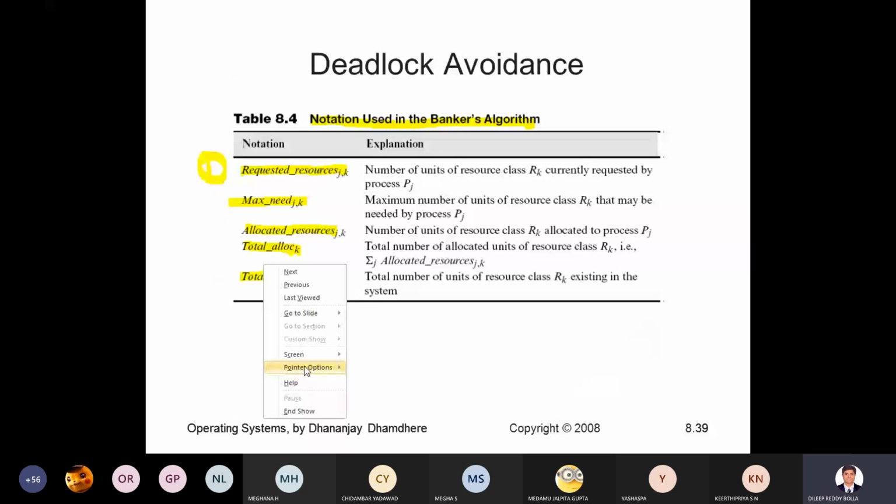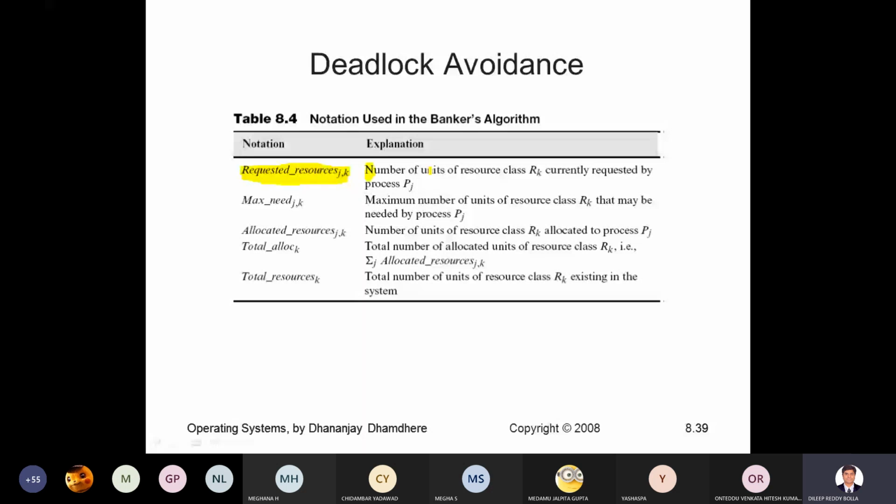Let us go through this first one. Requested resources. What is the meaning of this?